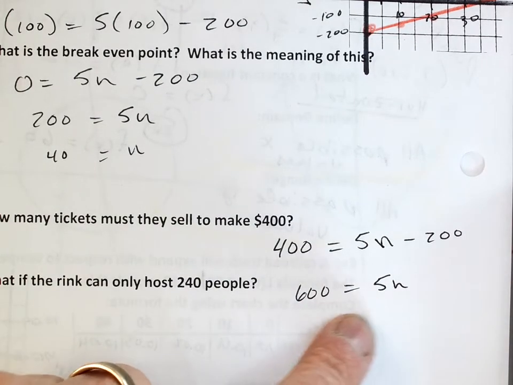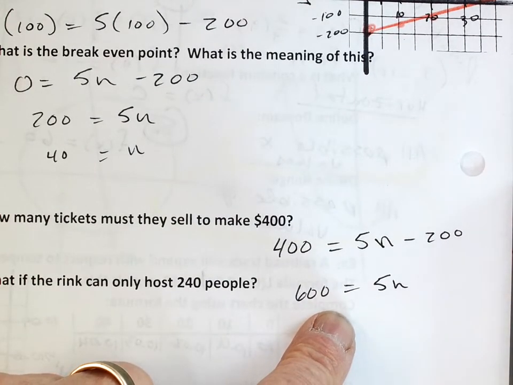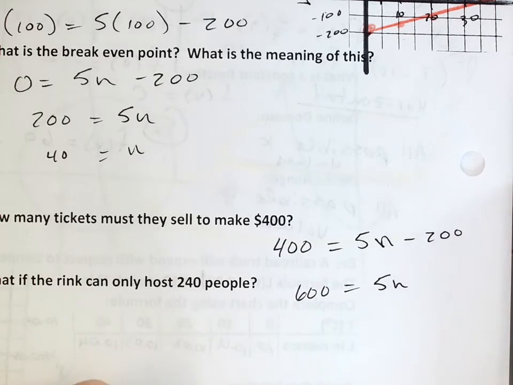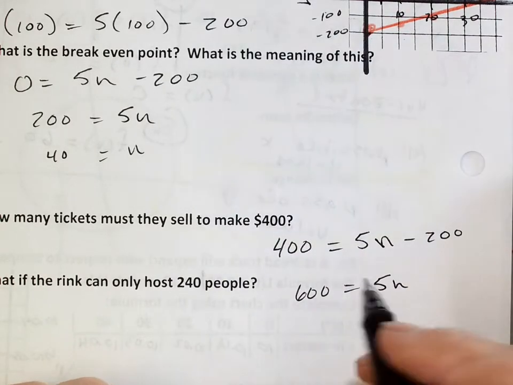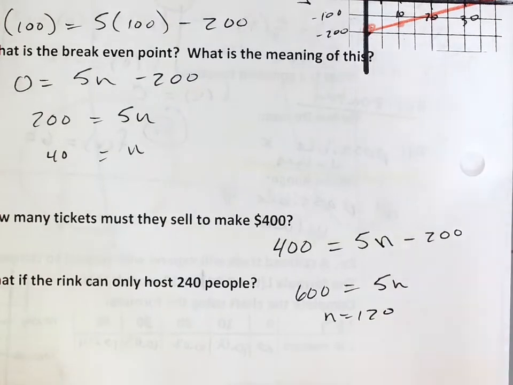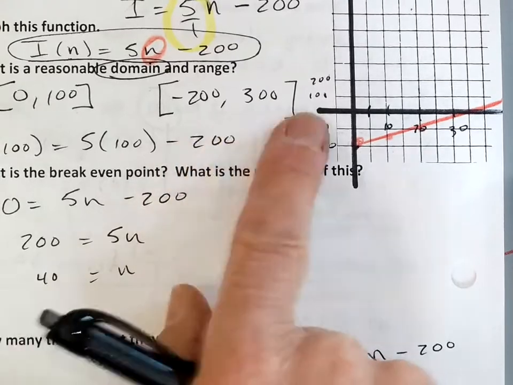Okay. 600 divided by 5, what's that, 30? No, 120. So in this case, we'd have to bring our boyfriends and our girlfriends. We'd have to bring extra people, right? Which means that would change our range and domain, right?